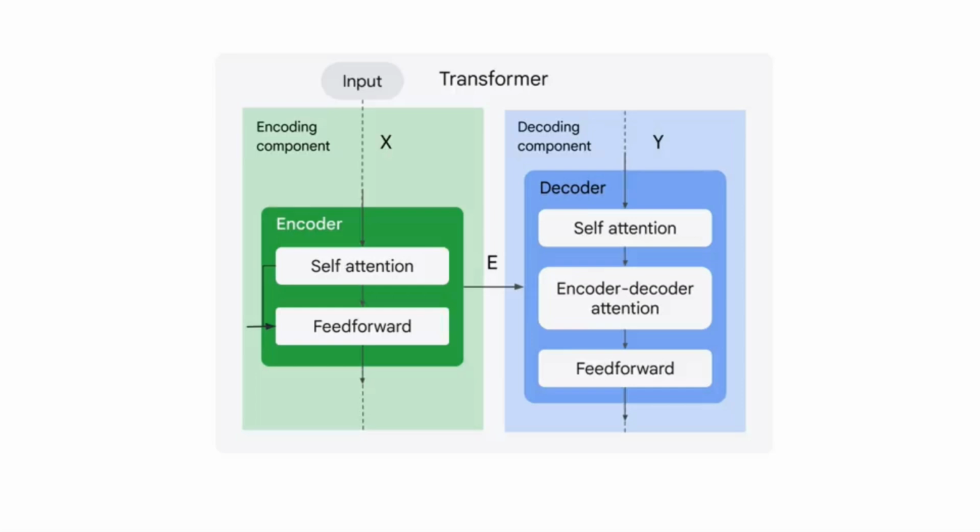The output of the self-attention layer is fed to the feed-forward neural network. The exact same feed-forward neural network is independently applied to each position. The decoder has both the self-attention and the feed-forward layer, but between them is the encoder-decoder attention layer that helps the decoder focus on relevant parts of the input sentence.